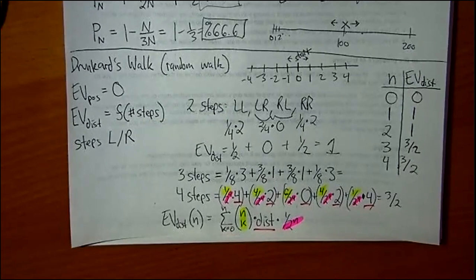Is there another way that we could think about distance that could make this a little bit easier and even reduce the number of terms that we need to look at? Does anyone see a little simplifying trick?